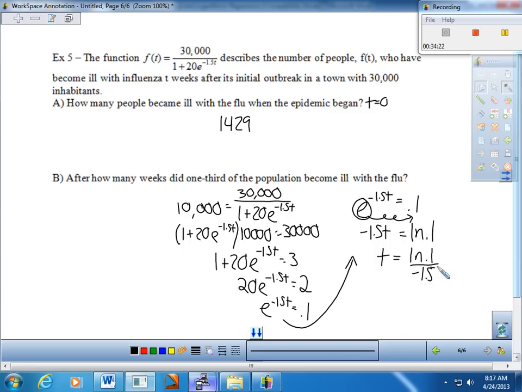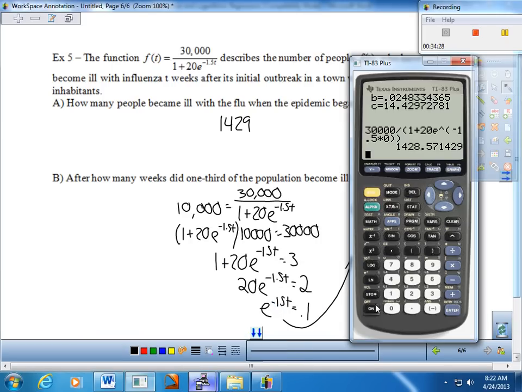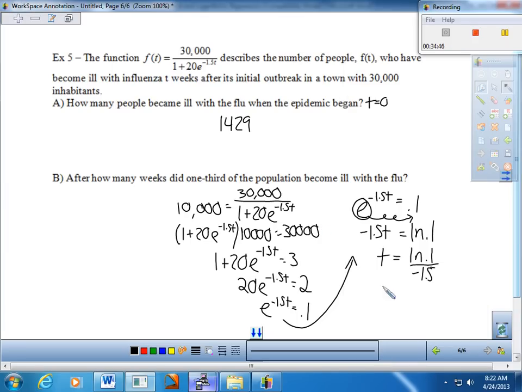And so I'll do that in just one step right up here just to make that work. And then I think we've got it. Let's see. Natural log, 0.1. Let's close it off right there, of course. And then divide by, I think I saw that as negative 1.5. And there we go. So after how many weeks will 1/3 of the population become ill with the flu? Just over 1.5.